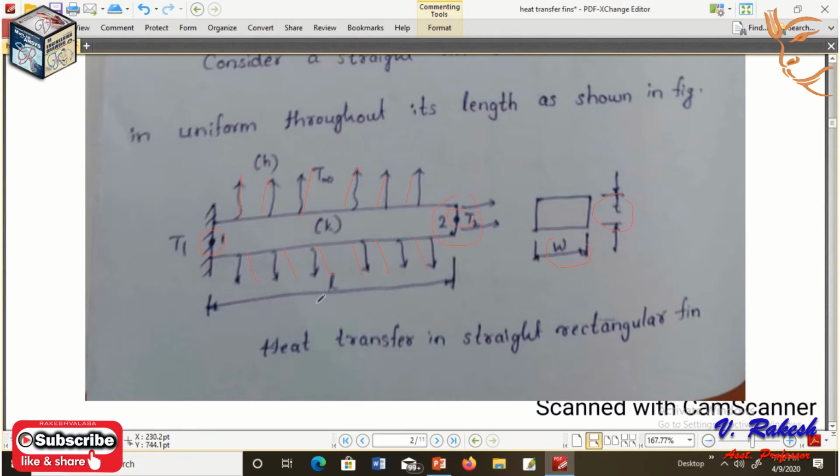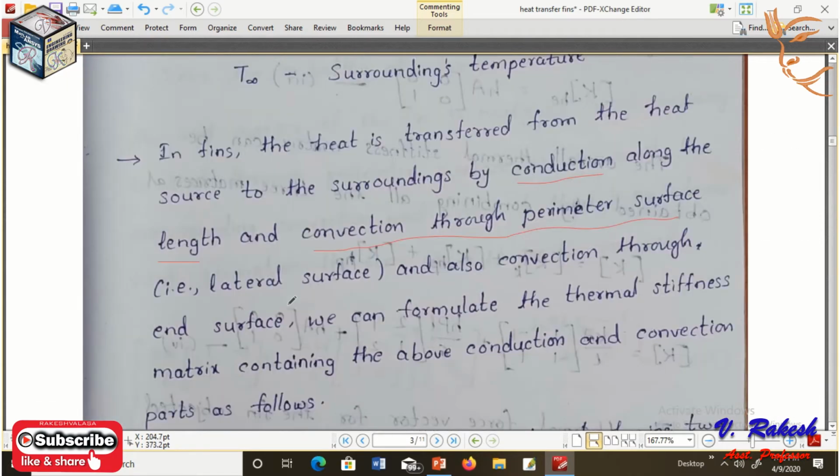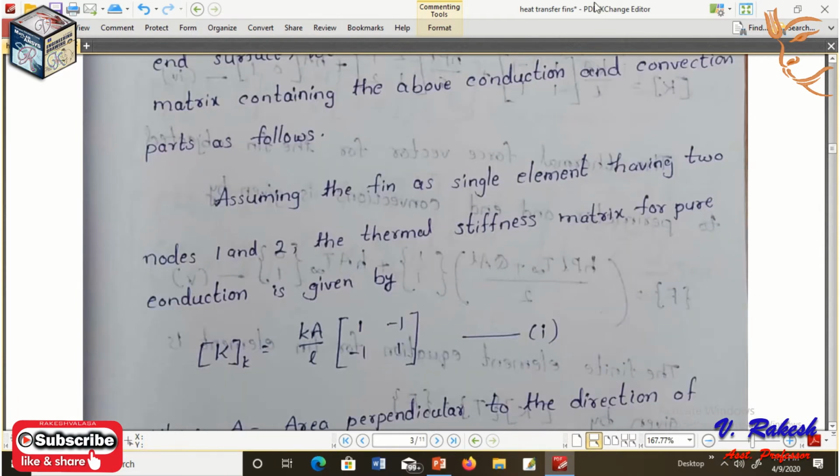We can formulate the thermal stiffness matrix containing the above discussed conditions, that is conduction and convection parts. Assume the fin as a single element having two nodes 1 and 2.